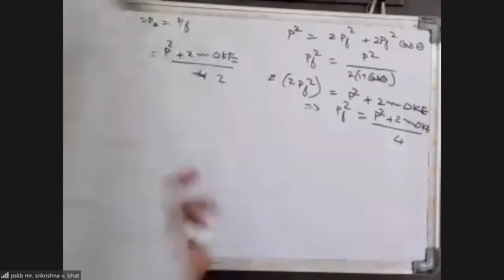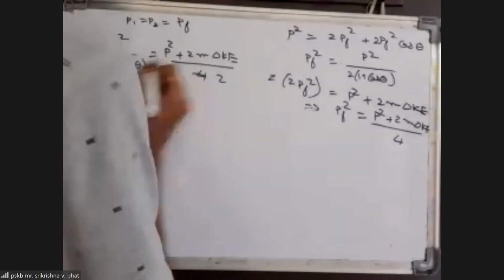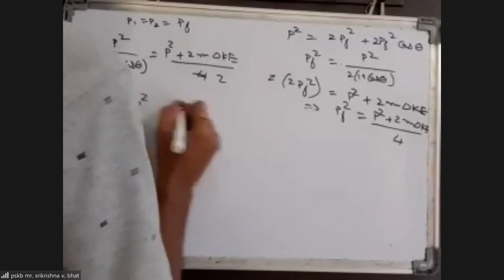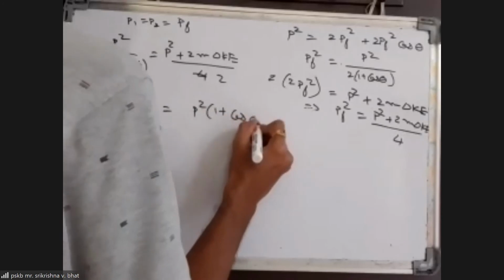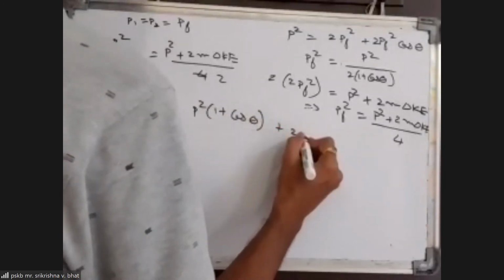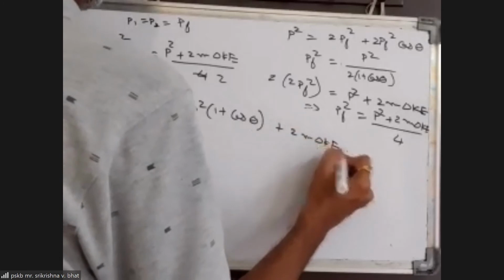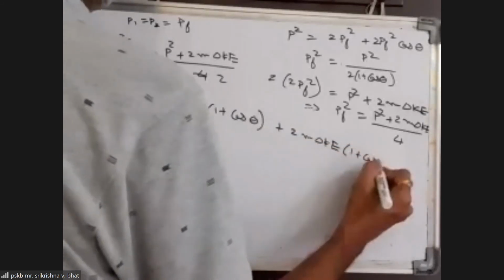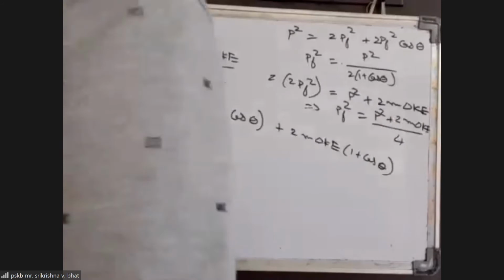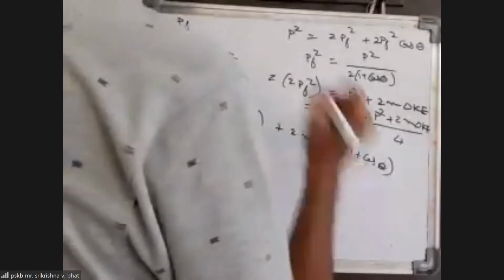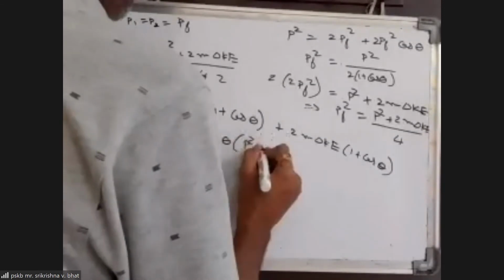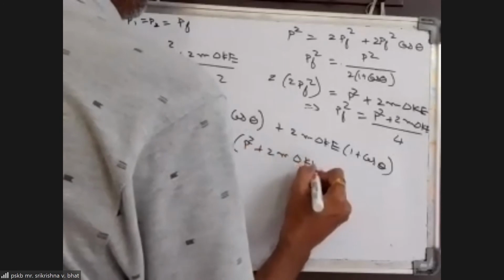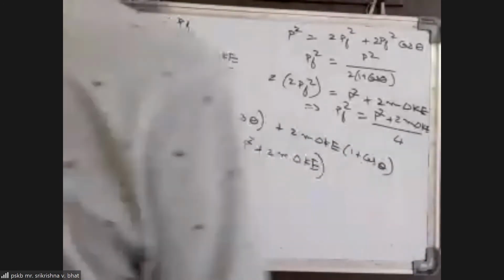If you rewrite these expressions once again, we get 2p square equal to p square into 1 plus cos theta plus 2m delta k into 1 plus cos theta. So that gives you p square cos theta, and here you have 2m delta k cos theta, so it is cos theta into p square plus 2m delta k.